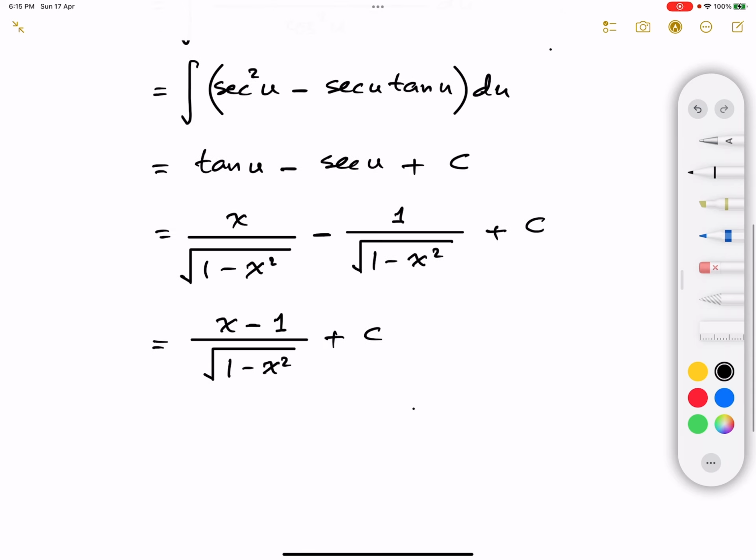This also can be simplified in a better way, because we have 1 minus x and 1 plus x in the square root in the denominator. So 1 minus x is going to cancel out with x minus 1, but will leave us with a negative sign in the numerator. So we can put a negative sign here, and then the numerator becomes 1 minus x, and the denominator becomes the square root of 1 minus x multiplied by the square root of 1 plus x, and plus c.